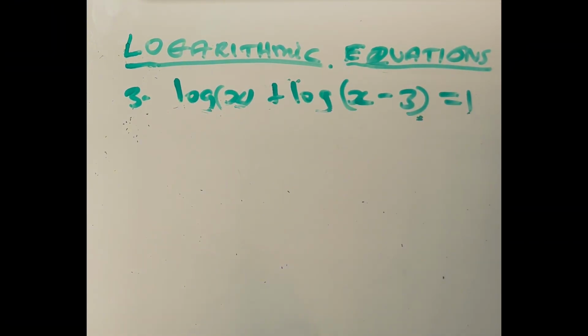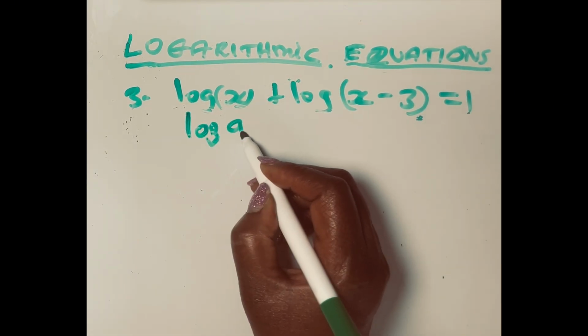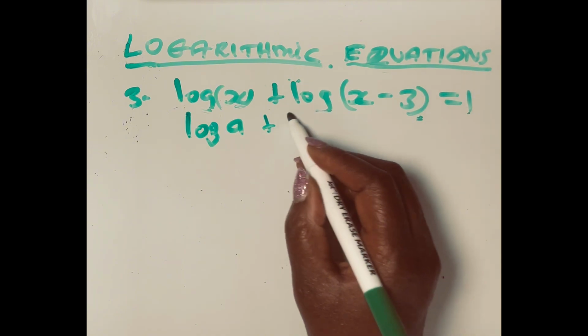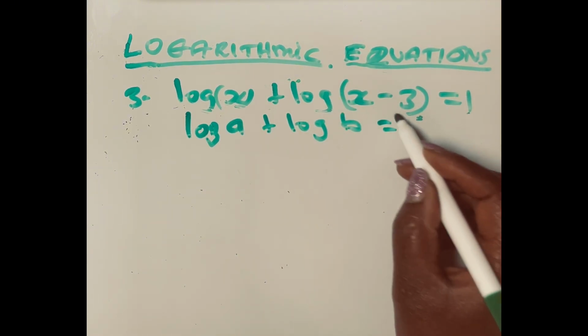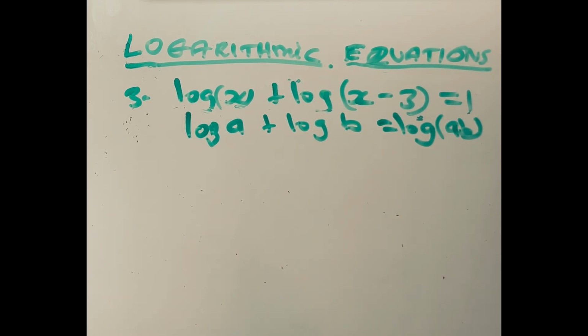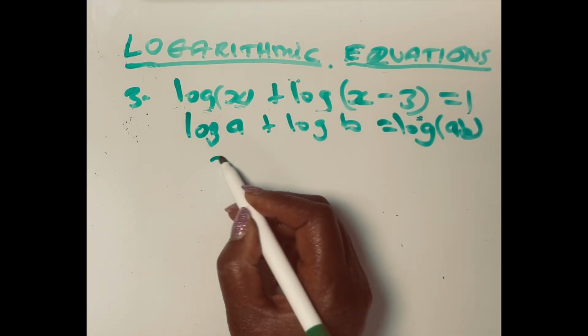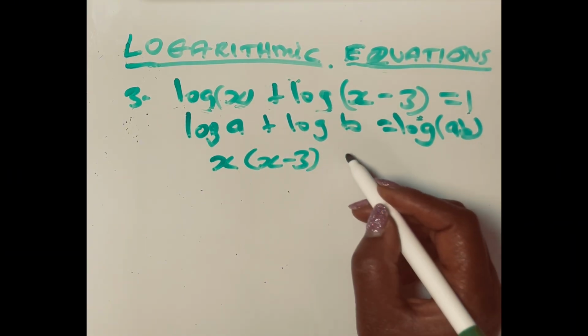To solve this equation, we are going to use the formula log of a plus log of b is equal to log of ab. Now, rewriting this equation, we're going to assume base 10. We're going to say x times x minus 3 is equal to 1.